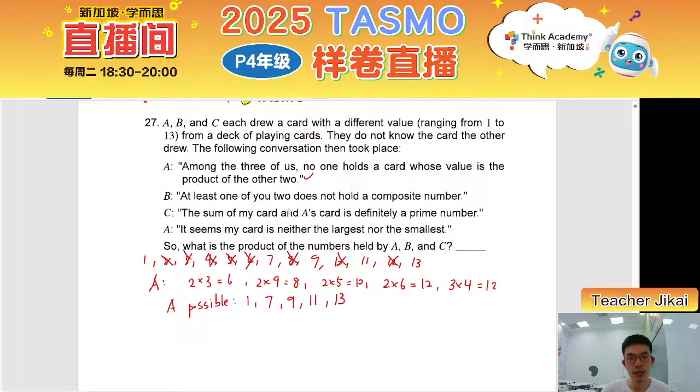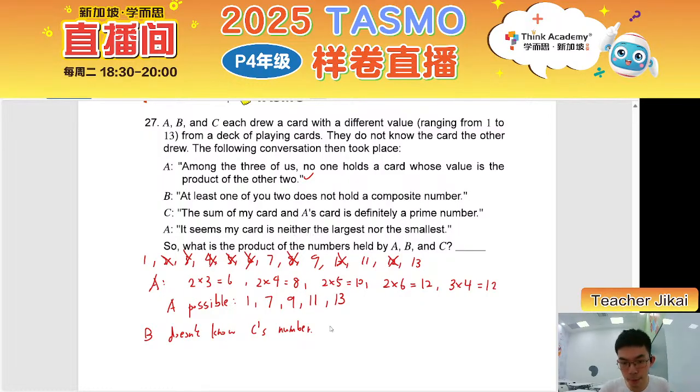And how about B? B said, at least one of you two does not hold a composite number. How can he know this? Does B know C's number? B doesn't know C's number, right? But how can he know you two don't hold a composite number?